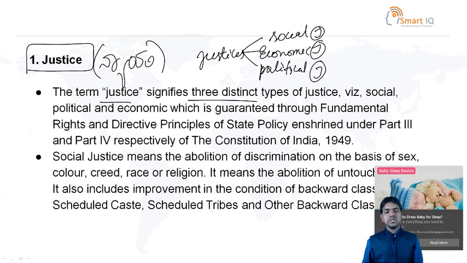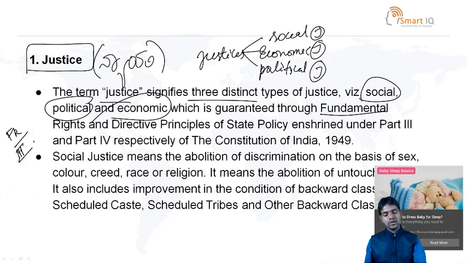The term justice signifies 3 distinct types of justice, that is social justice, political justice and economic justice, which is guaranteed through the fundamental rights mentioned in Part 3 of the Indian Constitution, articles 12 to 35, and Part 4, the directive principles of state policy.